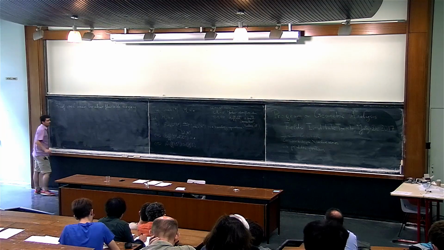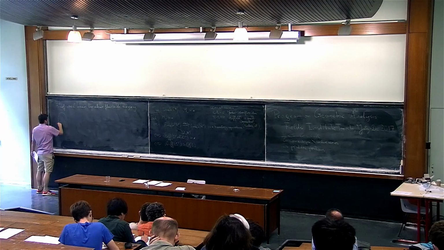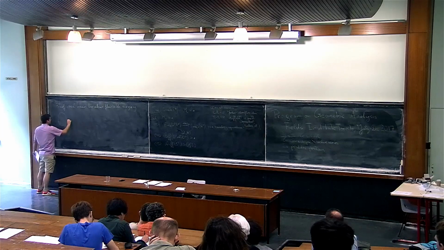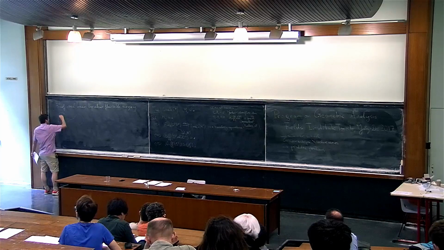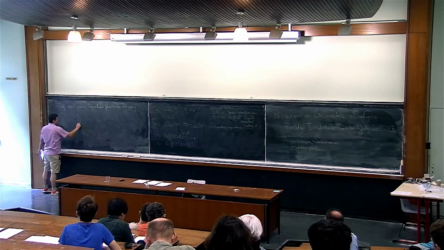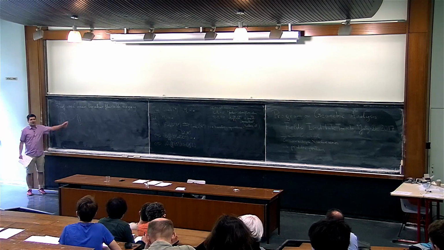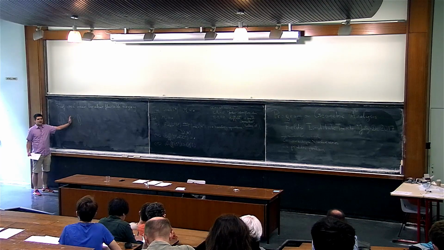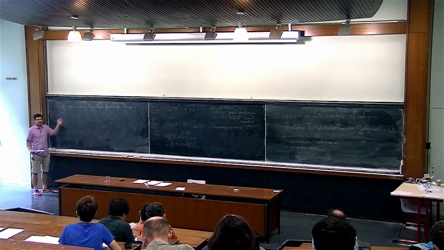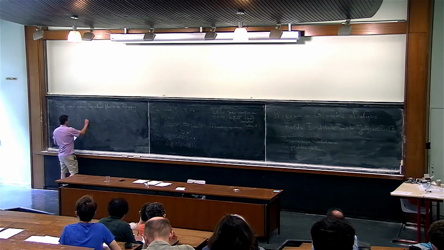The very basic idea of flow with surgery is that you do mean curvature flow for a bit, and then you hit some singularity which looks like a neck pinch, and then you cut along the neck and glue in caps and continue the flow of the pieces.